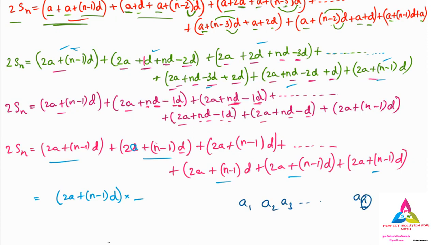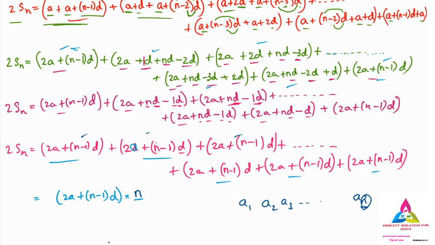We have n number of terms. So here I have to write n. So there are n such terms of 2a plus n minus 1 into d. How many do we have? 1, 2, 3, so on, there are several. So how many terms? N number of terms. So instead of writing all this, I can write 2a plus n minus 1 into d into n, meaning n terms we have.